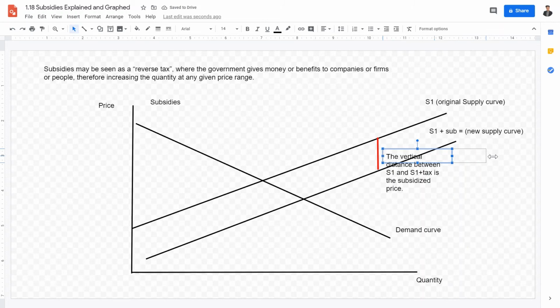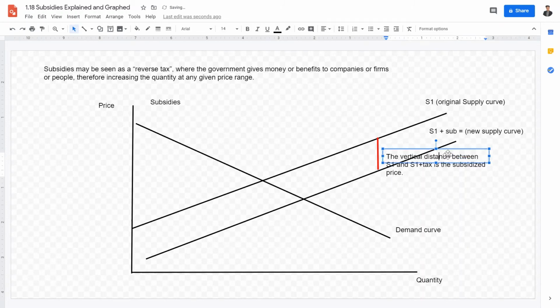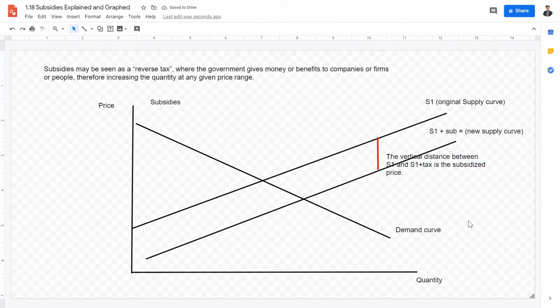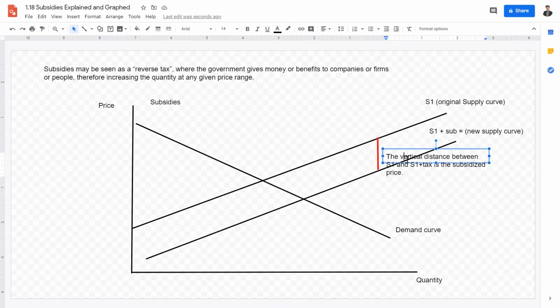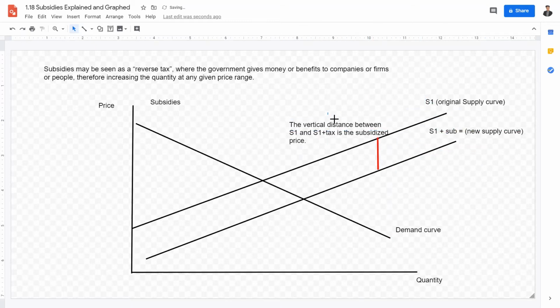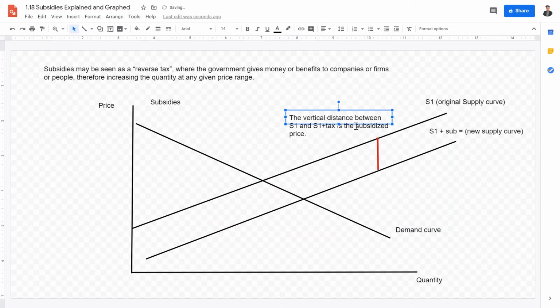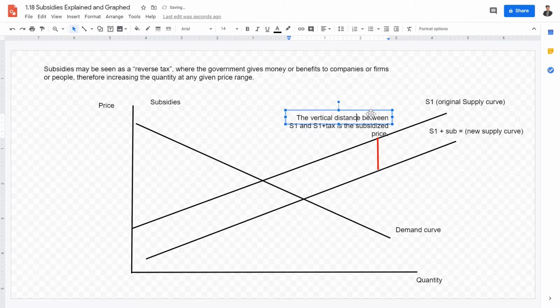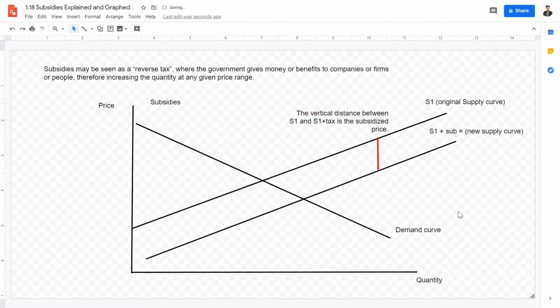If the gap between S1 and S1 plus subsidy is 1, then that means the subsidy is $1 per unit. So the red line refers to the subsidized price. I'm going to put this right here so you know what the distance between the two supply curves means.